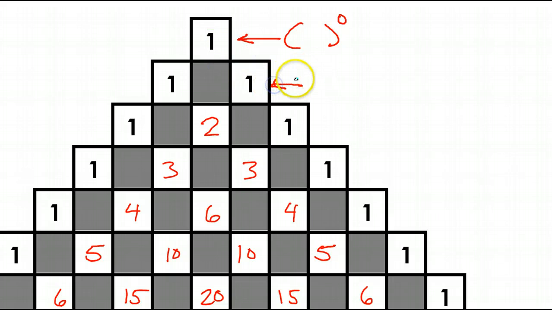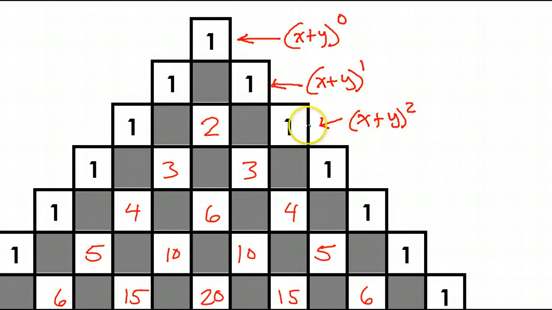But from there, if I have some binomial, I guess I'll put an x plus y in here. If I had a binomial to the first power, these will be the coefficients. And so on. Binomial squared, I will use these coefficients.